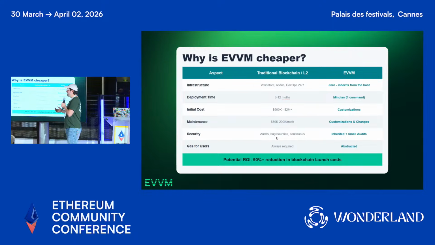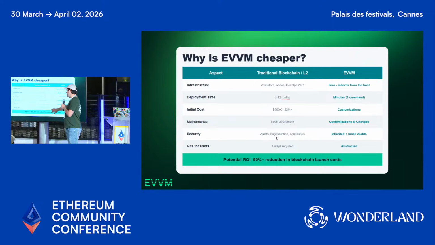Security: we also inherit the security from the chain where we are hosting. So our security is involved more in our changes to the EVM code that is already audited. If you make changes, you need to re-audit these changes.